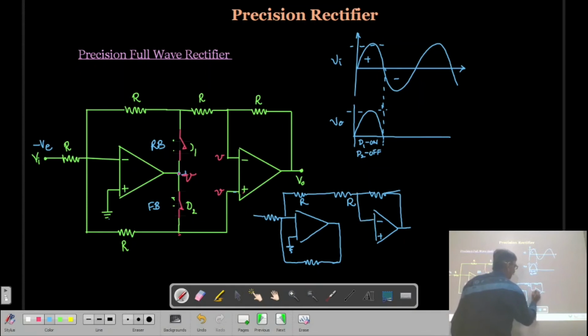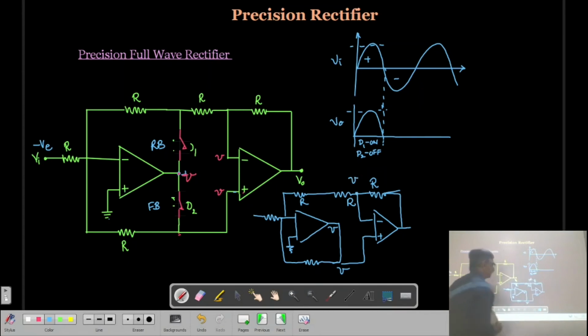The inverting terminal is connected in this way, and this voltage V is present here. So it is connected like this, where the potential is V. Now, if this potential is V, I have already mentioned that the potential at this will also be V. My input voltage is present.